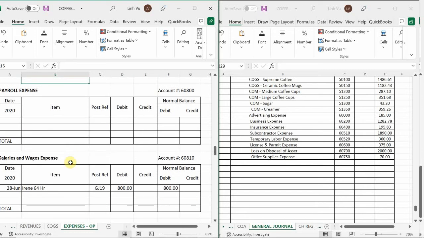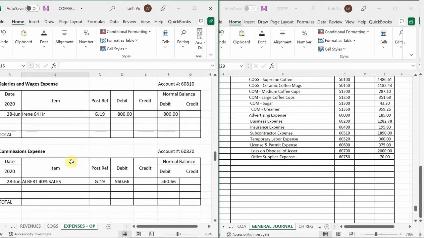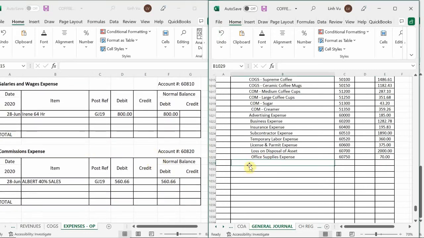Next is payroll expenses, starting with my salaries and wages expense. Okay, I'm also going to throw in my commissions right here.